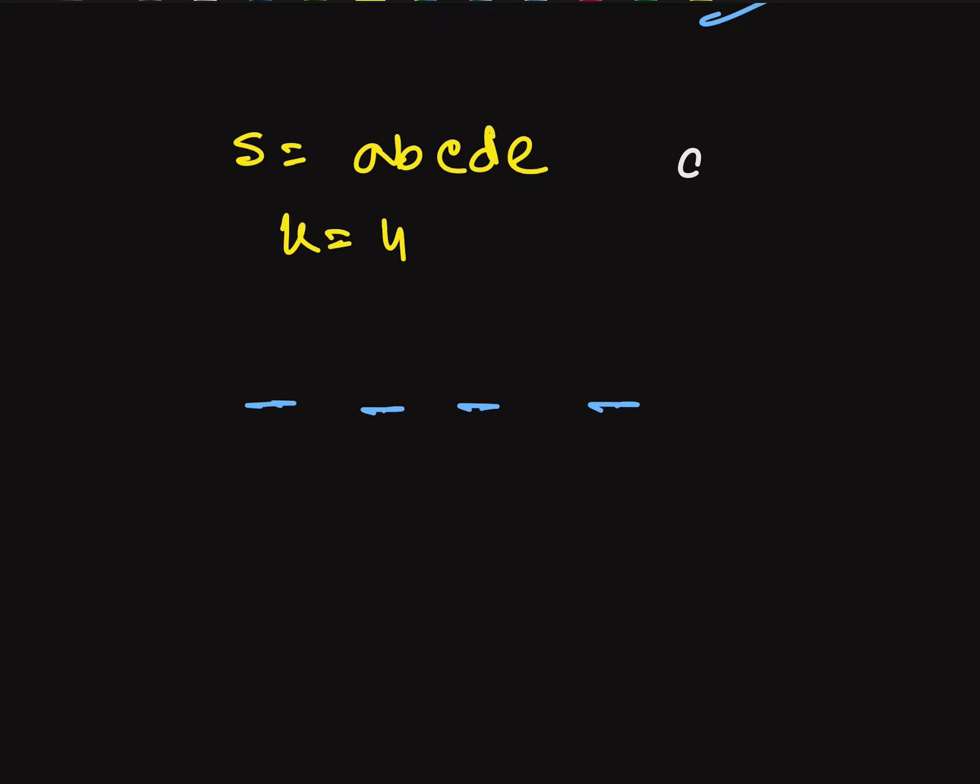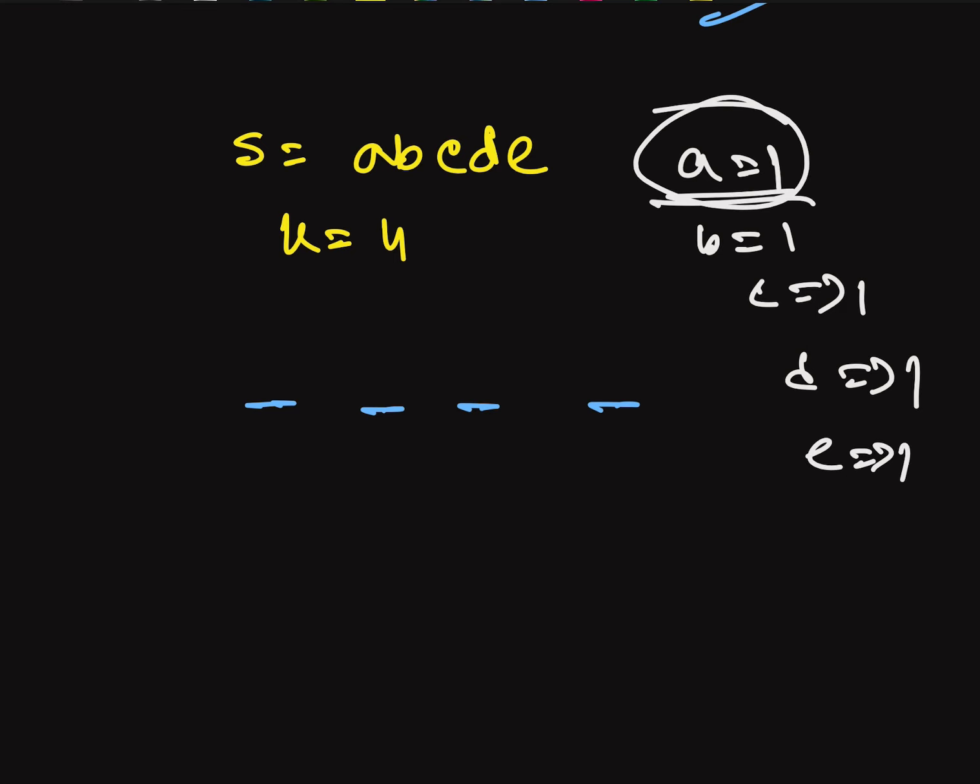Okay, and the frequency of A here is 1, B is 1, C 1, D 1, E 1. Now first of all I will iterate this. The frequency of A is 1, so I'll take one empty string and place A there. Next is B, again odd, so I'll place B there. Next is C, I will place C in the third string. D, I will place D in the fourth string.